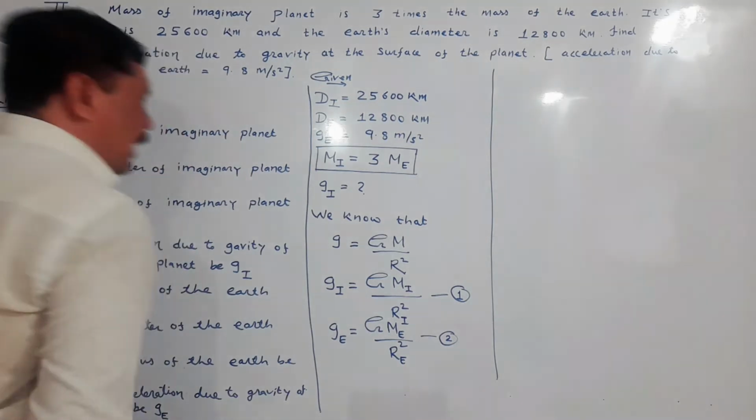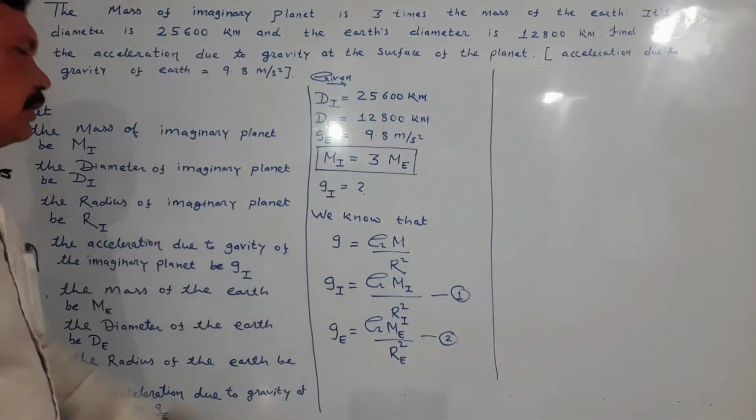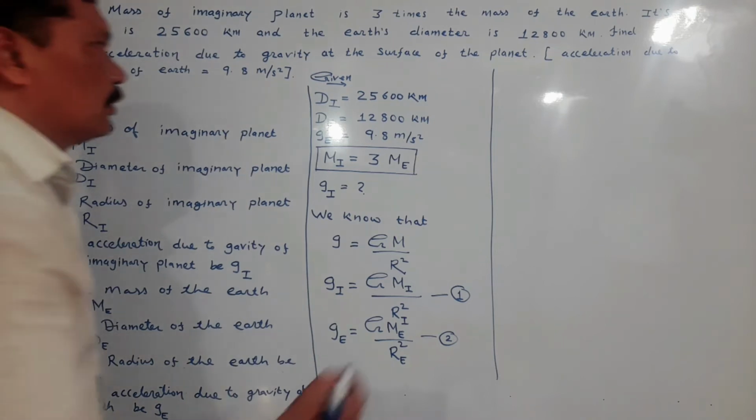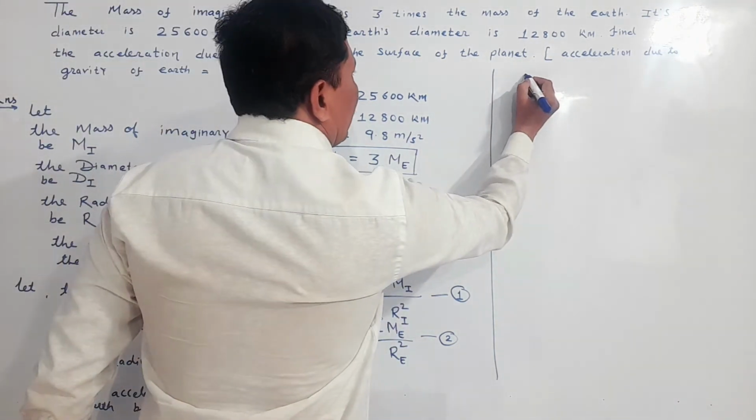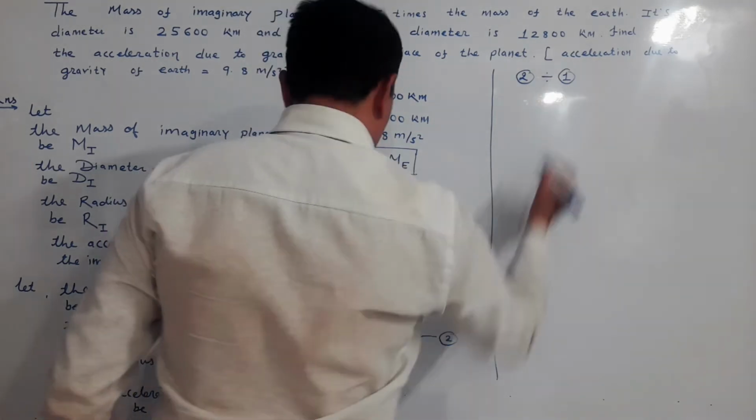Equation 2. My dear student, we have to find acceleration due to gravity on the imaginary planet. So we will divide equation 1 by equation 2.